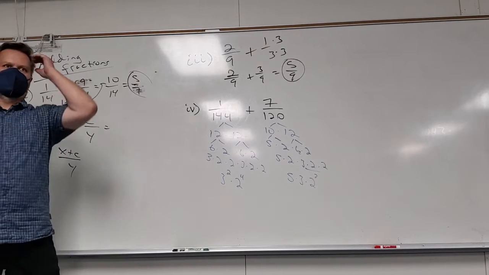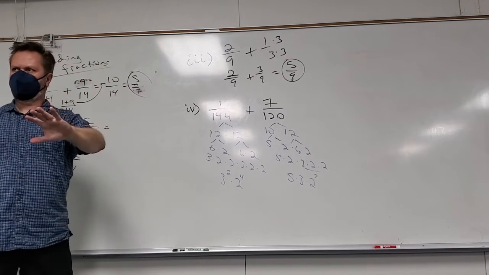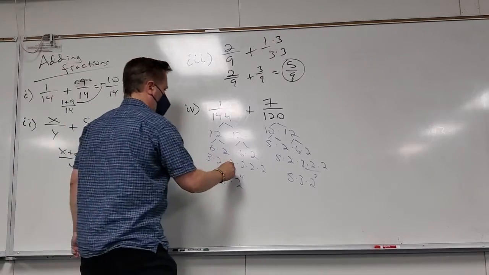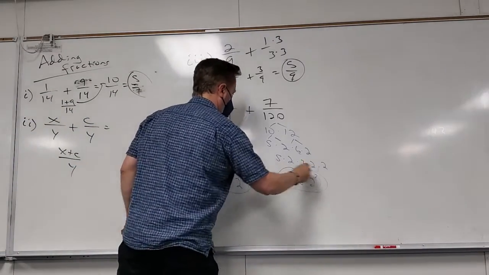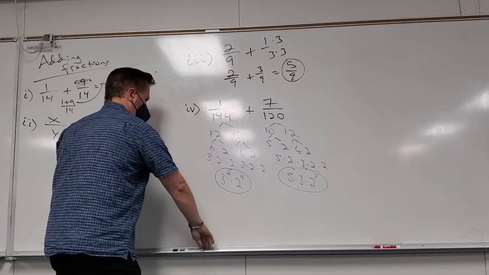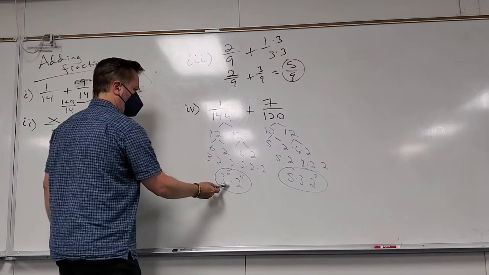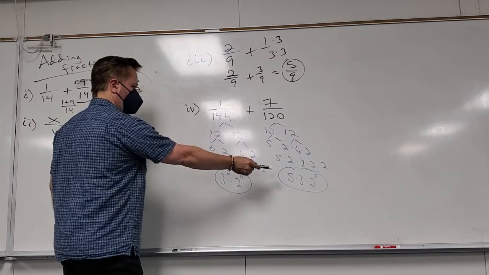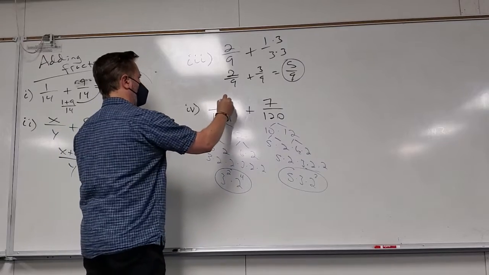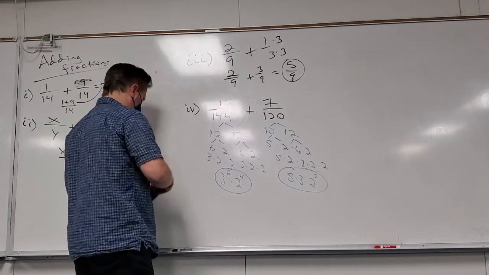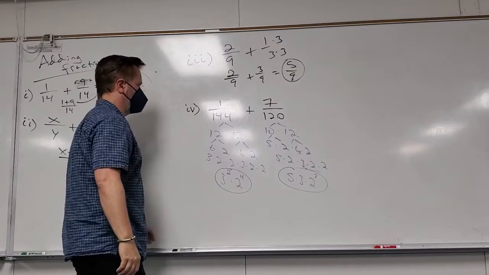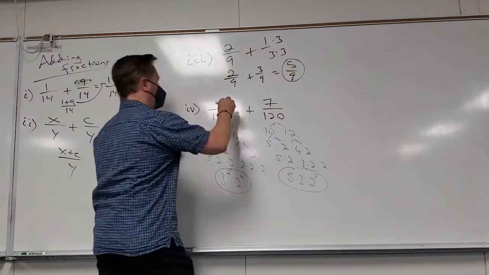Now, if you look at these and compare them, what is this guy definitely missing that that guy has? 5. He's missing a 5, so let's give him a 5.